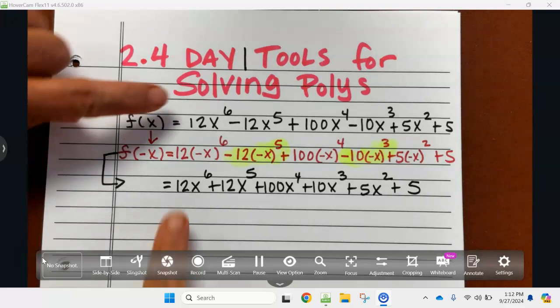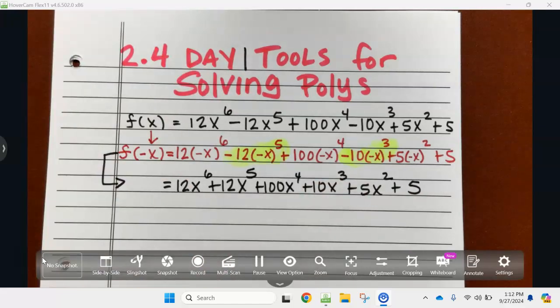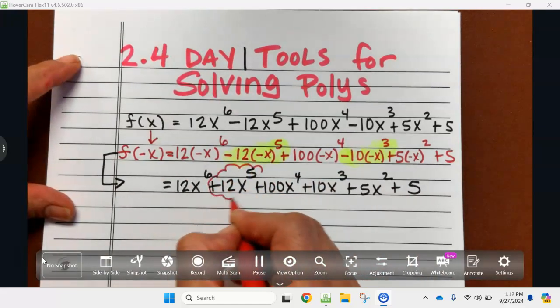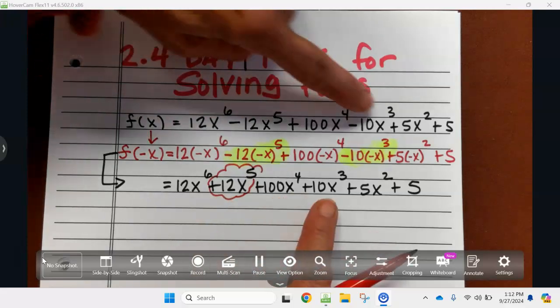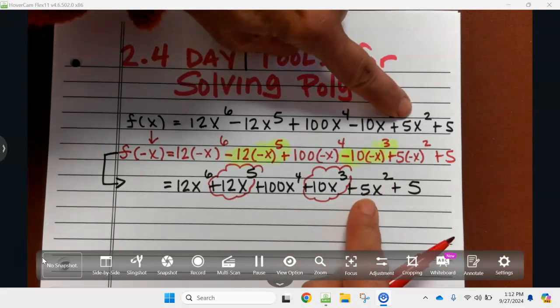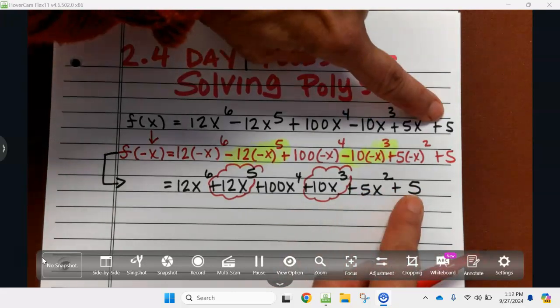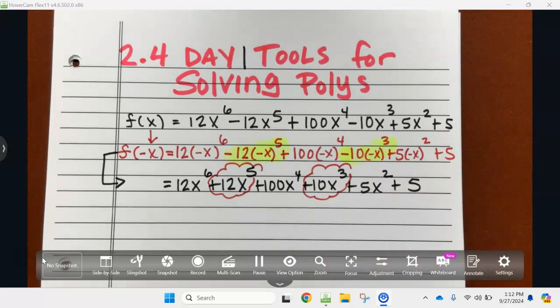So again, this stayed the same. Look, this sign changed. This is what is important to move forward with today's lesson. This term stayed the same. This sign changed. This term stayed the same because it was an even exponent, and of course a constant is going to stay the same because we don't even plug in a number when there's a constant.